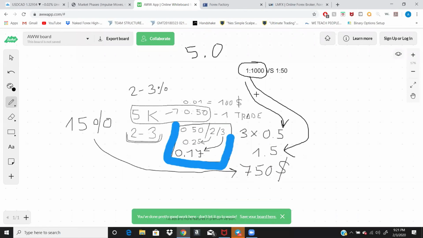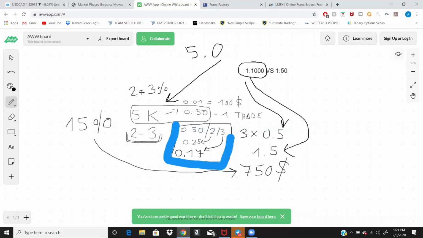That doesn't mean that the LMFX will allow you to go into a loss that ends up more than 5,000. As soon as this trade comes close to the margin call, meaning that the broker has that safety, it will close you out. It will automatically shut down this account.